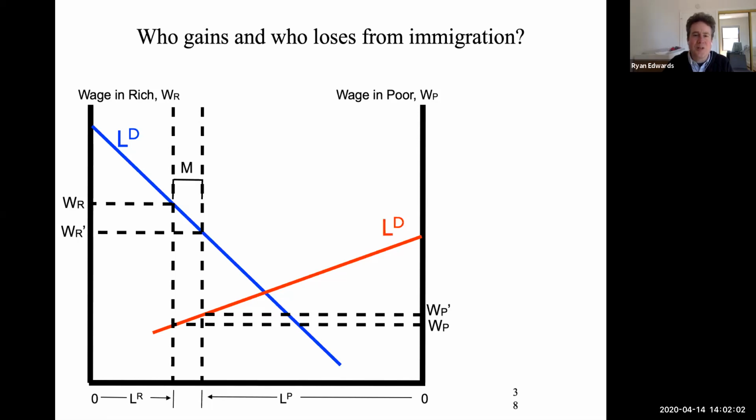The answer is that the crossing would be the equilibrium, because at that point, if enough labor reallocated so that in the sending country there was this much labor from zero out to this point, and in the rich, receiving country there was this much labor from zero out to this same point, then the wages would be equalized. And if there weren't any restrictions on immigration, that's where we plausibly would end up.